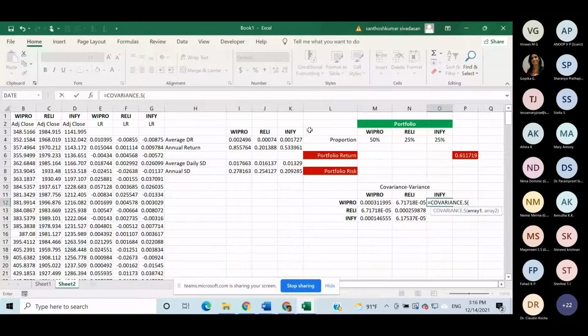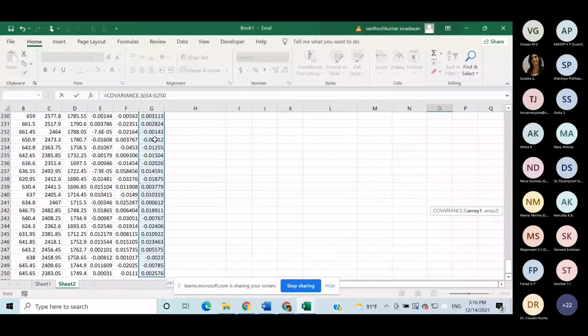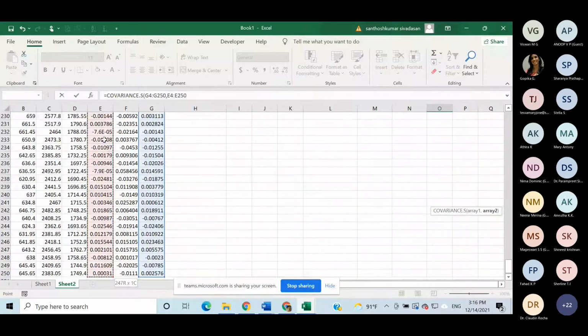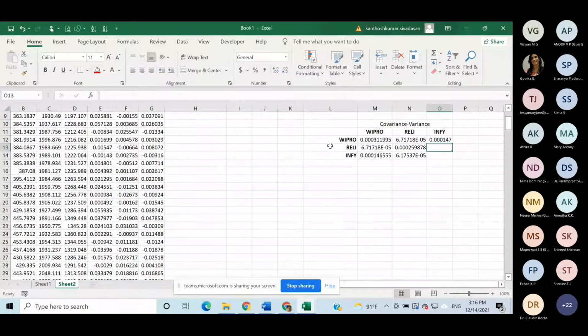So covariance, Infosys and Wipro. Control shift, select the first cell, control shift down arrow, comma. Then you want, I forgot which one was there. Info and Wipro, right? So Wipro you choose, control shift down arrow, enter. So the Wipro covariance you got.